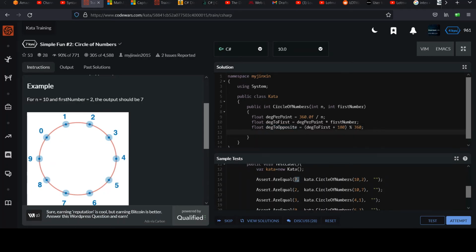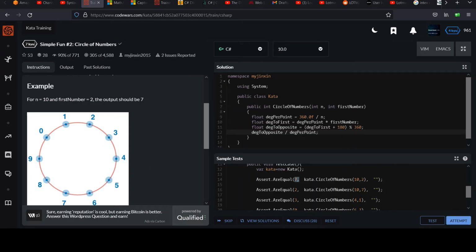To get there, I'm going to say degrees to opposite, and I'm going to divide that by the degrees per point, right? Divide it by that 36 value, the angle set up there, divided by 36, should give me the number of segments to get there, right?